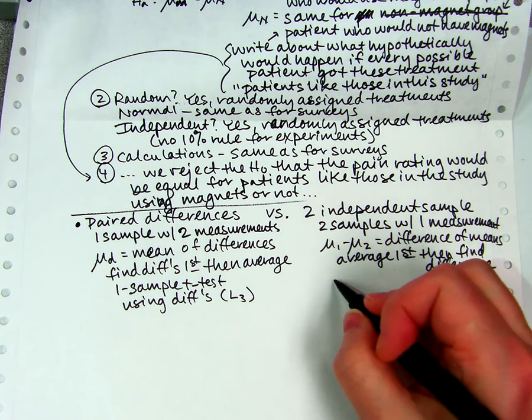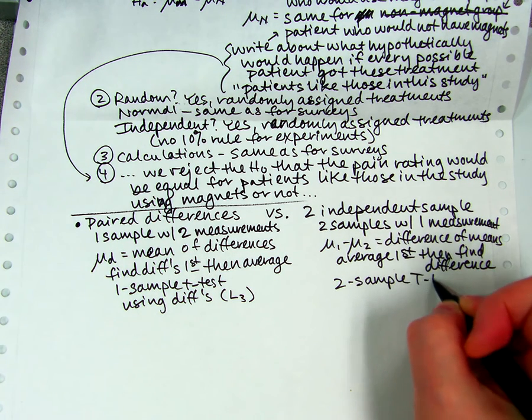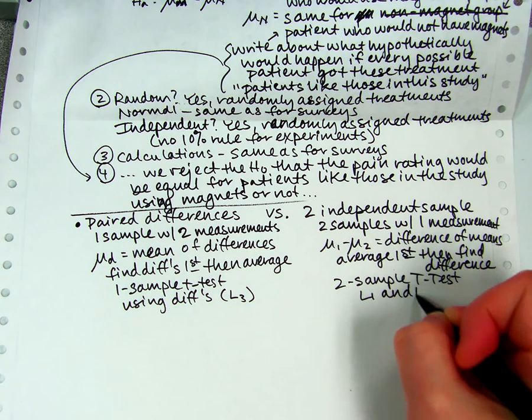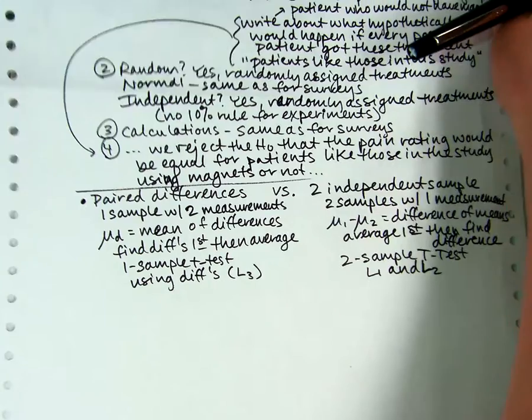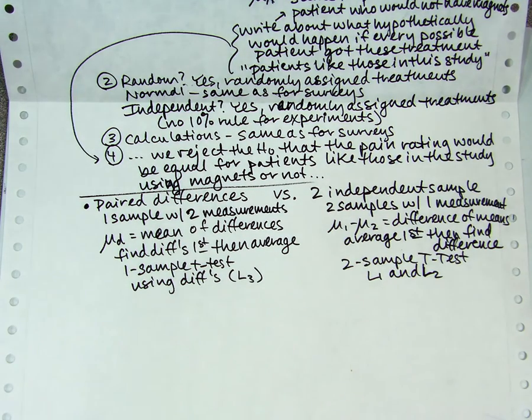This is a two sample t-test using lists 1 and list 2 for your two groups, and you would not subtract them until after you find the average. So it's hard to tell sometimes which one is which, but comparing and contrasting them today is, I hope, going to help you a little bit.